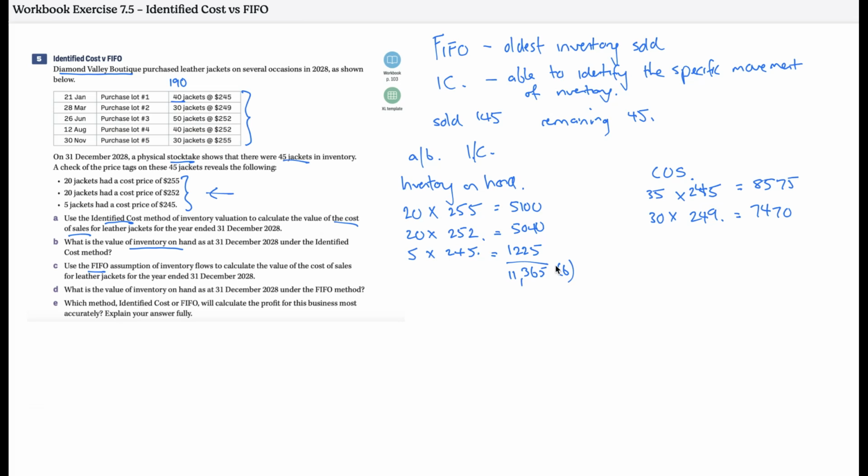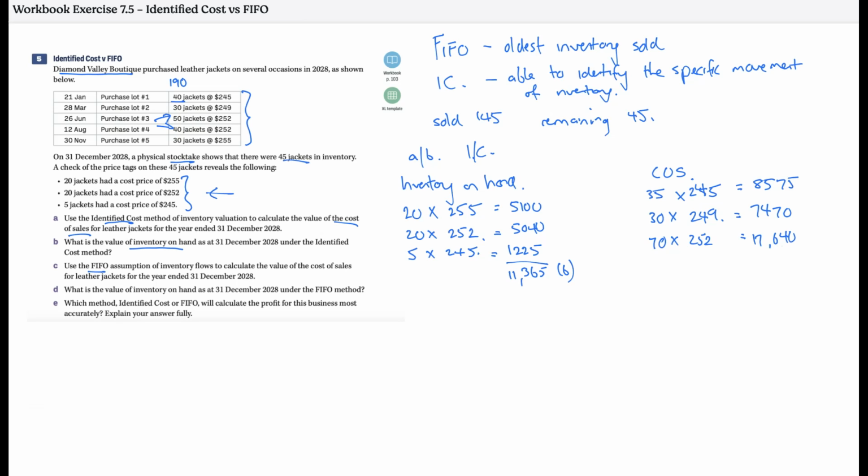Now, if we look at the $252 ones, you might realize that there are 2 times that we purchased them, so 90 all up, and we had 20 left over, which means we must have sold 70 of the $252 ones, which of course equals $17,640. You're of course using your calculator. I have the answers in front of me.